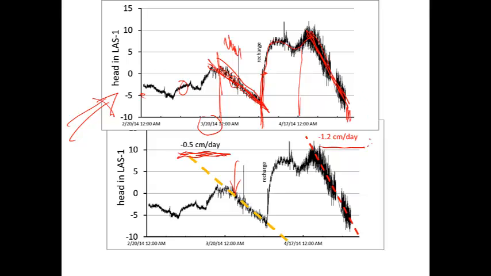This is quite large, and what I think is happening is that this is probably the typical seasonal drop in the water level, but there was this influx of water right here as a recharge event that raised the water level higher than it would have been typically, and because it was higher, it flowed out faster, and so this drop in the water level is because the water had come in and recharged the system, and that led to this more rapid decrease.